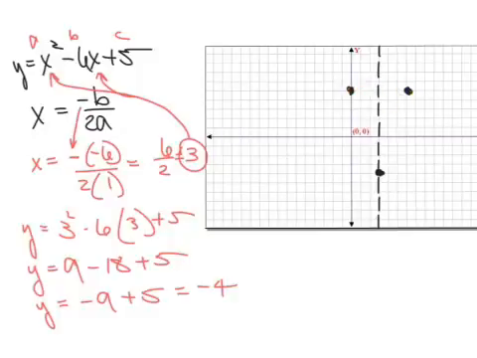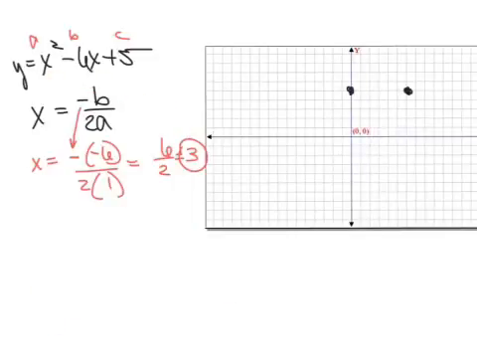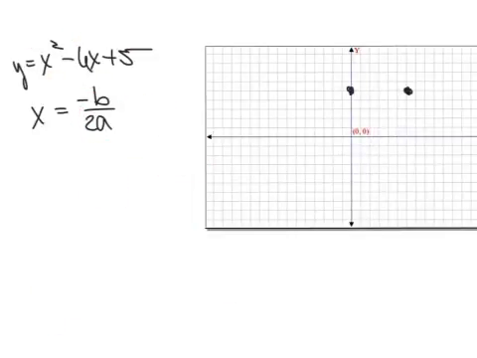Okay, so the next part is, where does the parabola cross the x-axis? Let me get rid of some stuff here. Okay, and I had my cool little vertical line here.